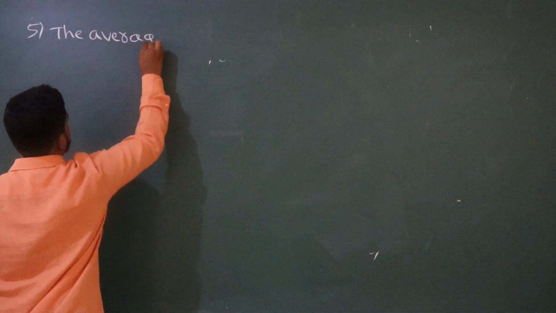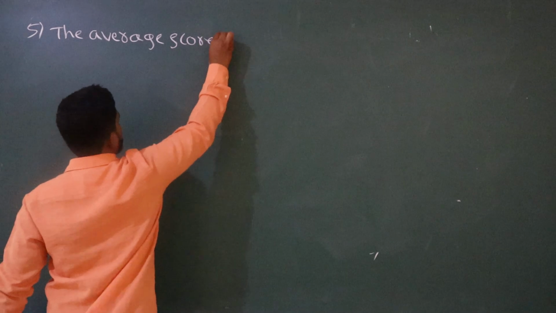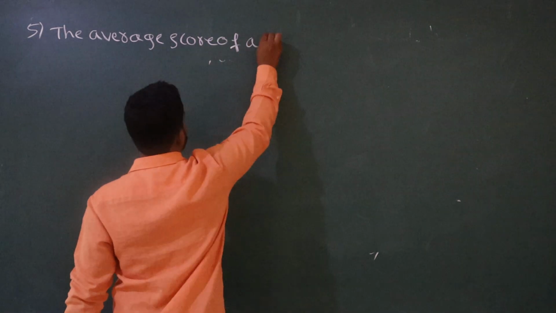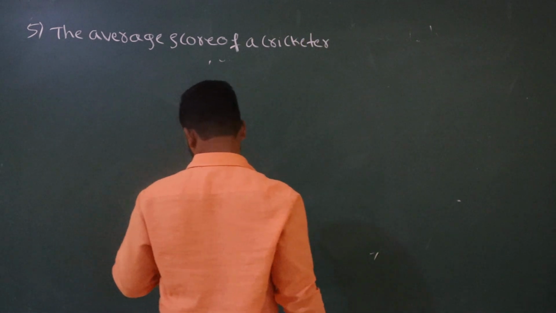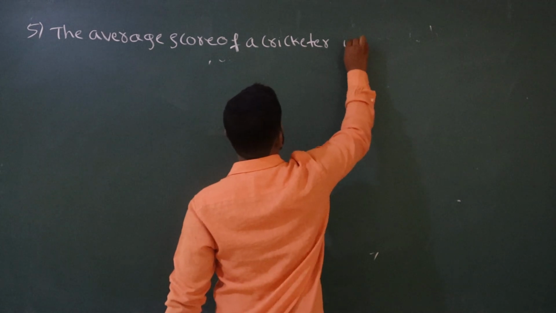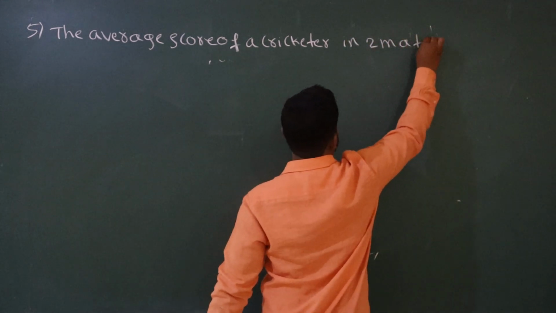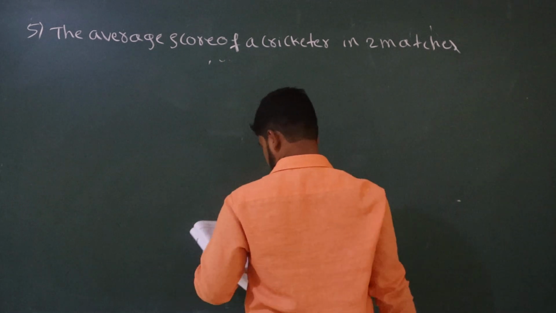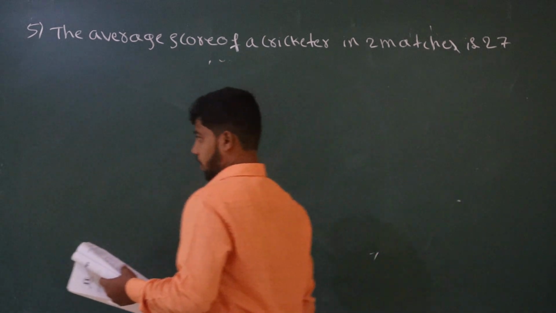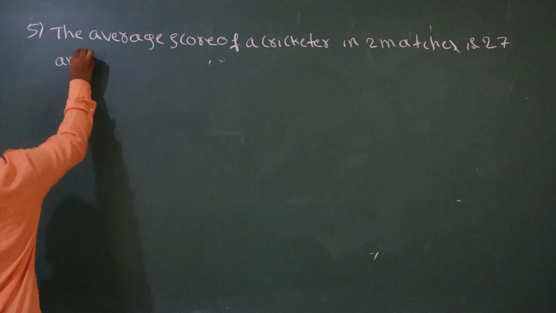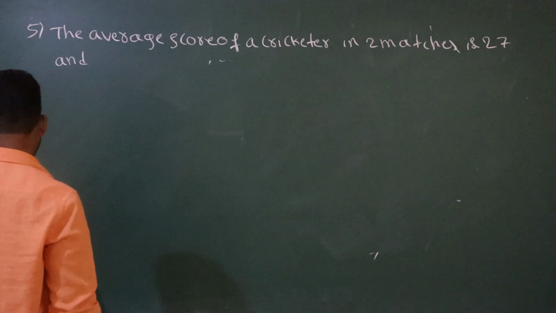Fifth one. The average score of a cricketer in 2 matches is 27 and in 3 matches is 32.